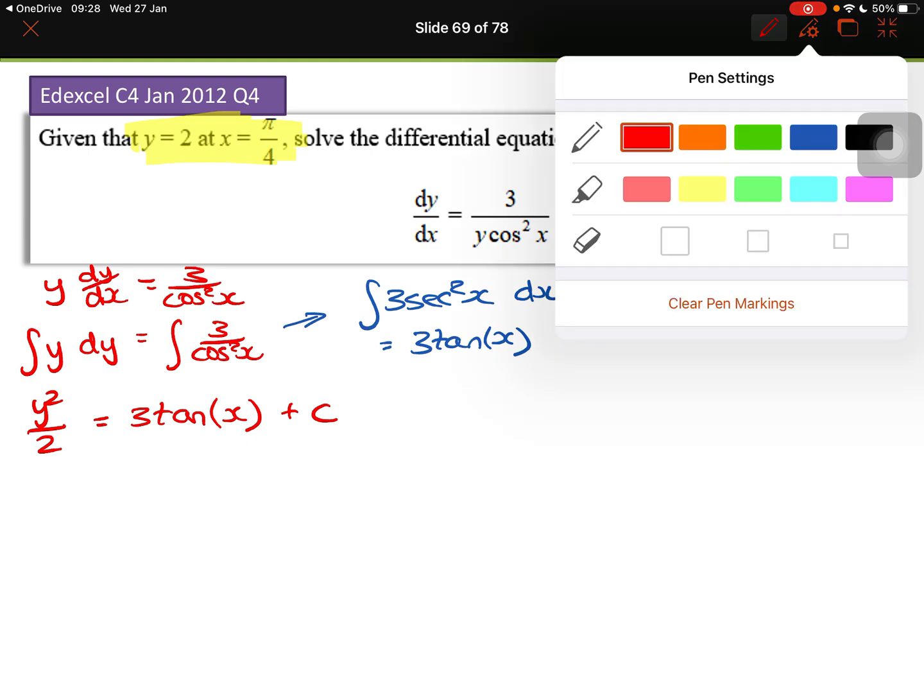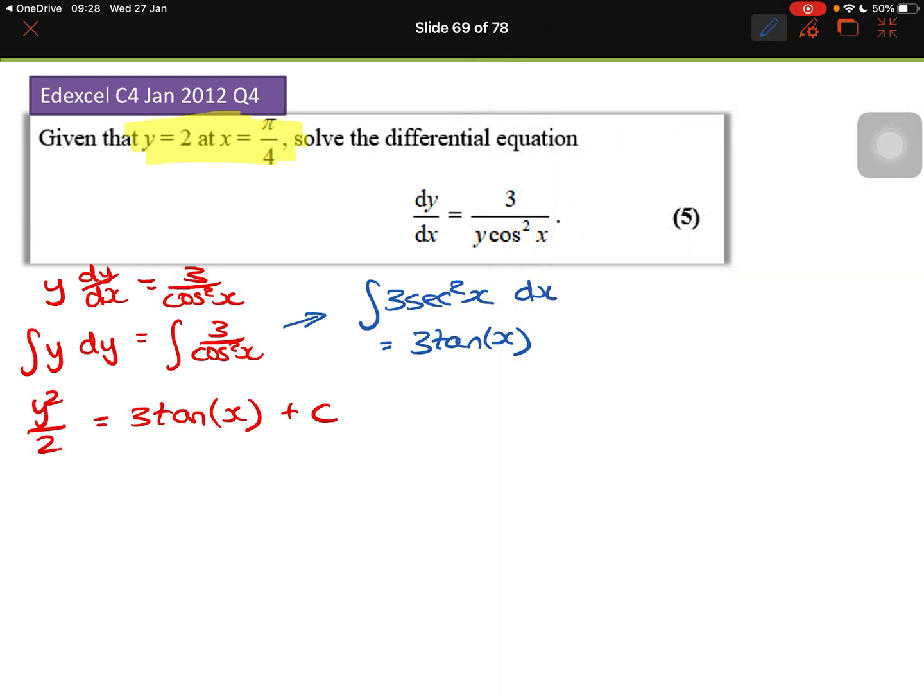We're now going to sub in our values. So when y equals 2 and x equals pi over 4. When y equals 2, we end up with 2 equaling tan of pi over 4 will give us an answer of 1.